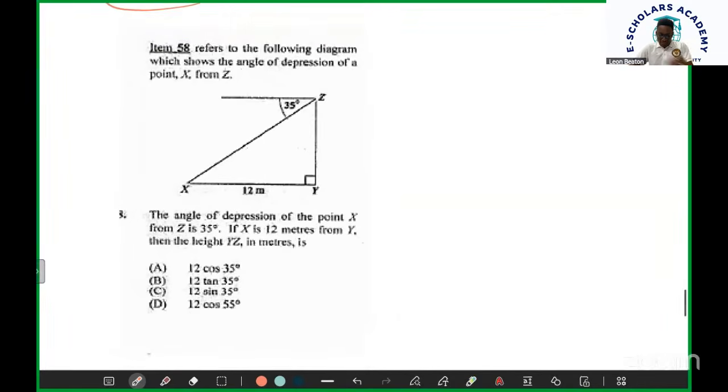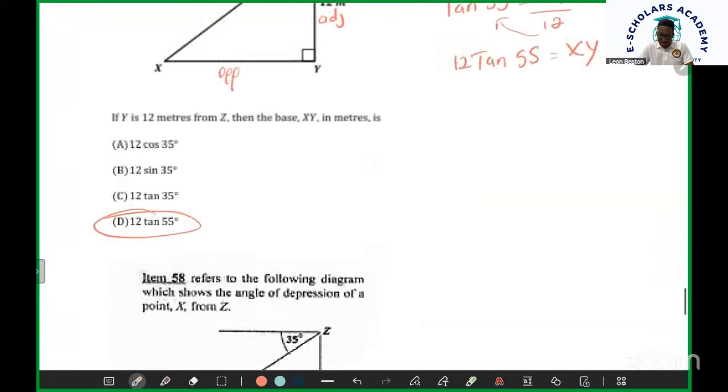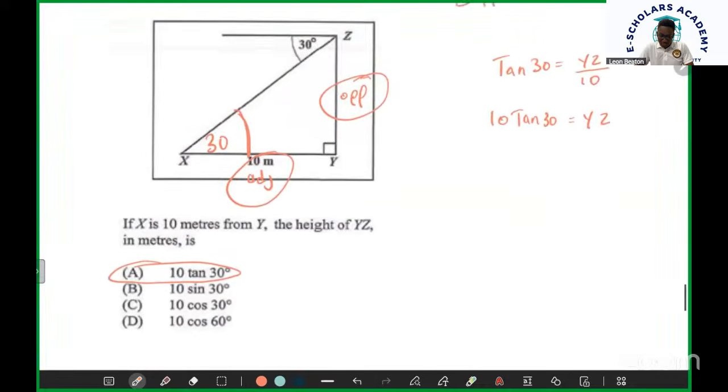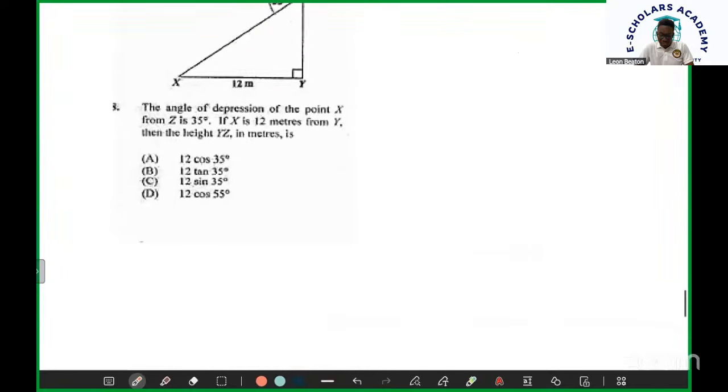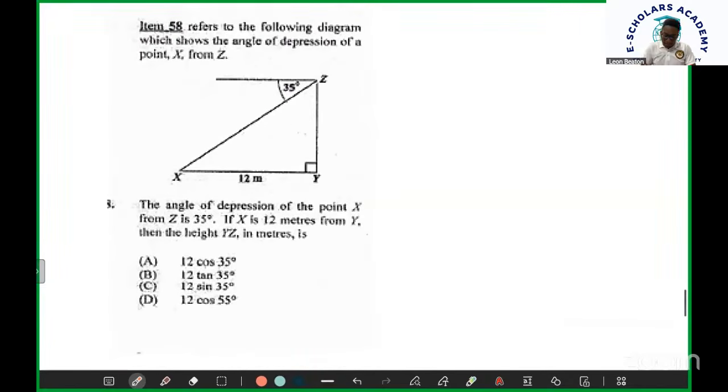All right, let's see a different one now. You see this one here? It looks exactly like the ones we did at the top, so let's see if it's the same thing or slightly different. The angle of depression of the point X from Z is 35.